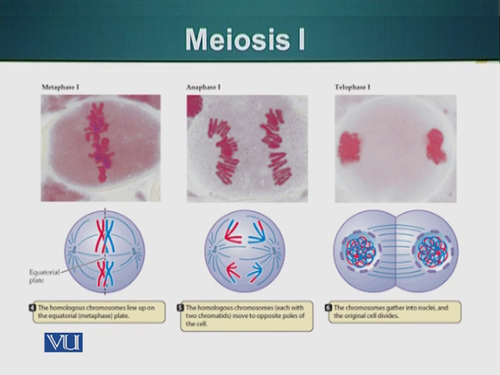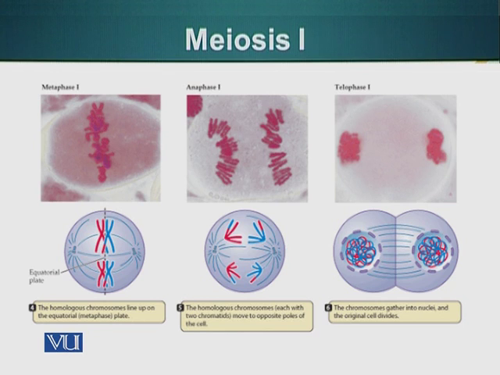In meiosis, they pair up and lie next to each other. Here, the spindle fibers will connect to the kinetochores of the two homologs. Each homolog is going to go to the opposite end of the spindle. One chromosome 1 will go to one side of the cell, the other chromosome 1 will go to the other side of the cell.